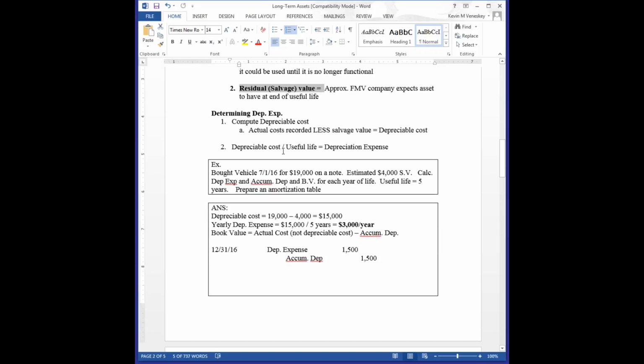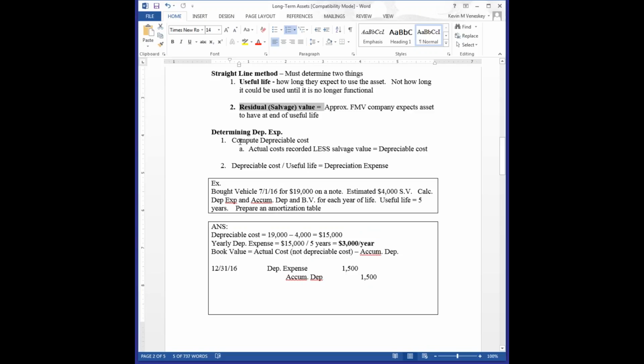So what we do when we are going to do straight line, we only have two steps. The first step is the new step. All you want to do is take the cost of your asset. Remember, say my asset was $10,000. And let's say I had a salvage value of $2,000. I expect that after the 10th year, I can still sell this machine for $2,000.